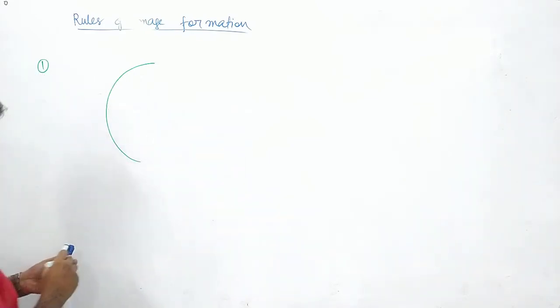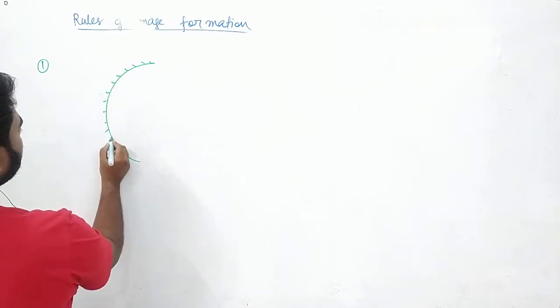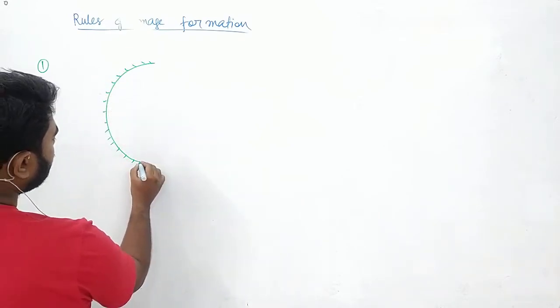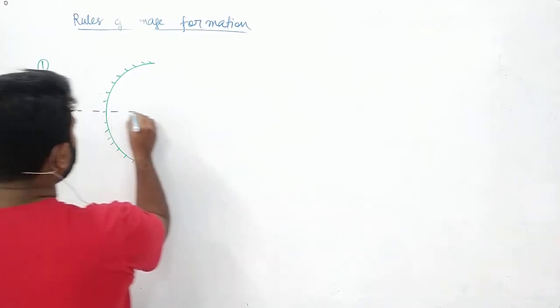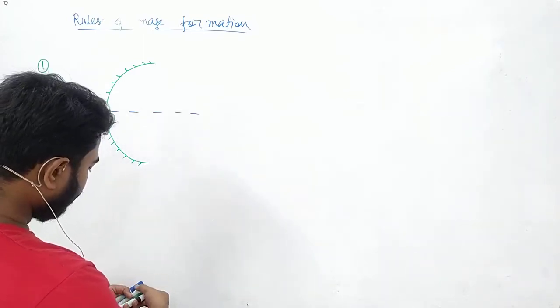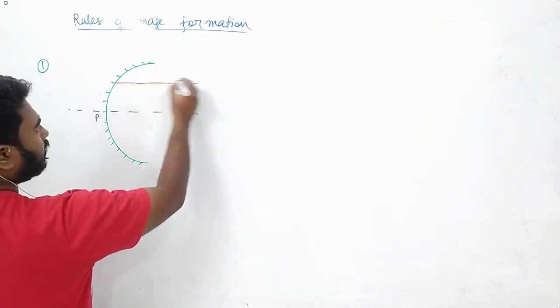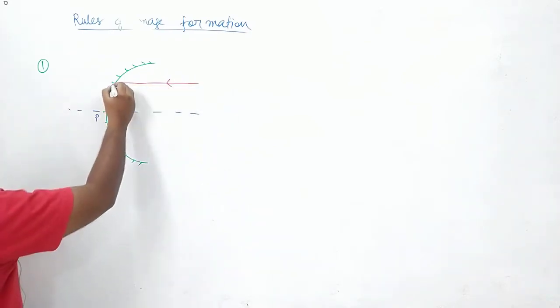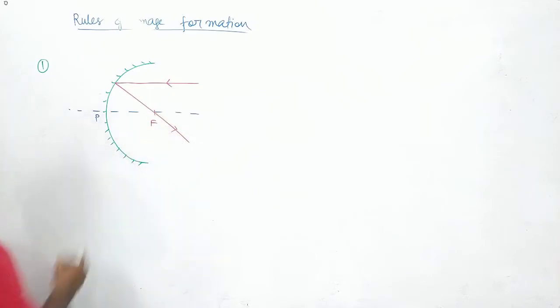Rule number 1 says that if there is a concave mirror and let this be the pole, if a ray of light is incident parallel to the principal axis, then after reflection it passes through the focus.